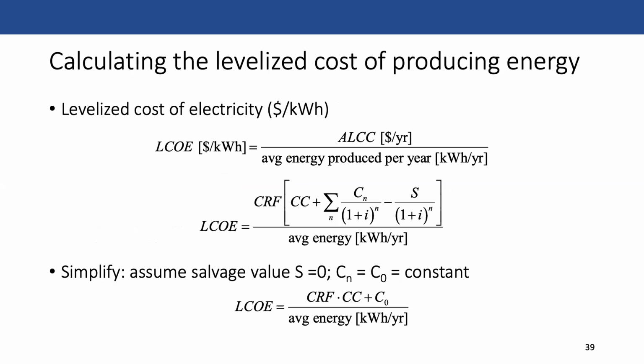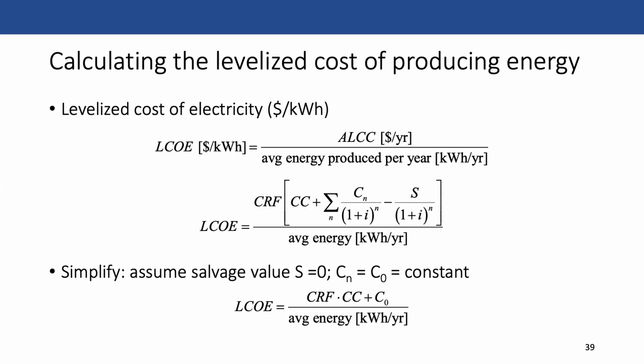So it's exactly the same as before with the annualized levelized cost, but it also then divides that quantity by the amount of energy that you produce in a year. So what are the units of this thing? It's dollars per year divided by kilowatt hours per year.